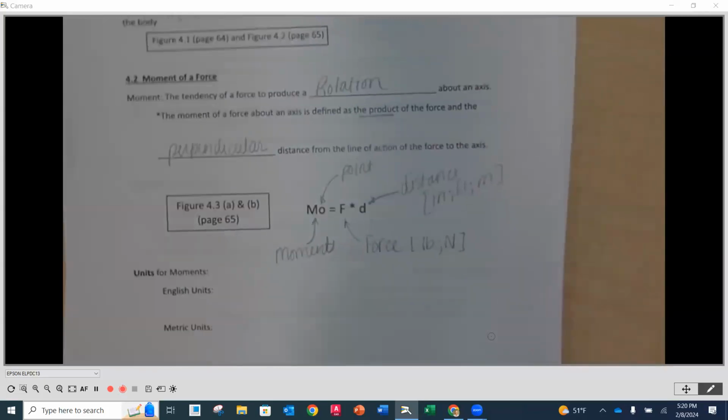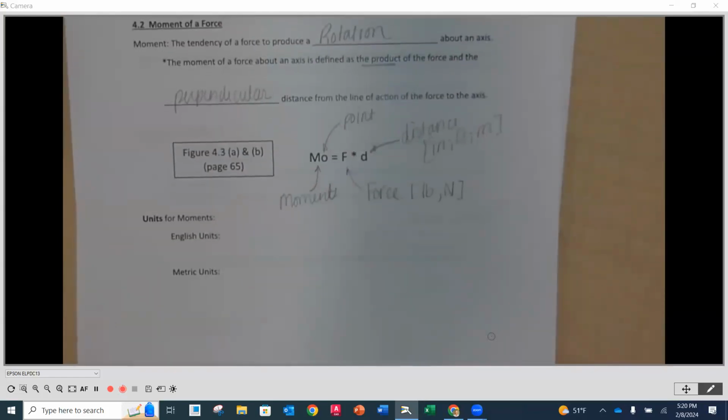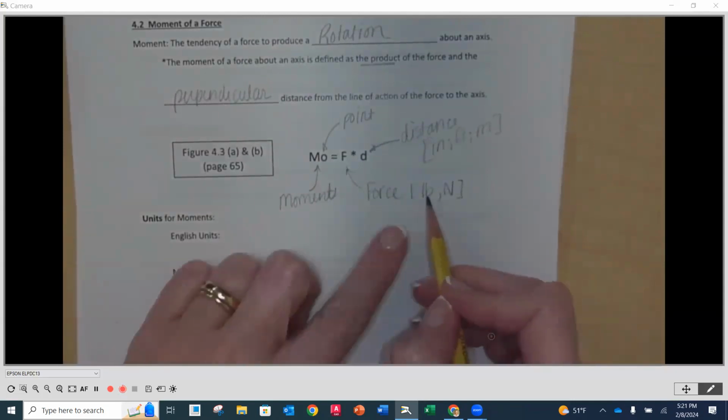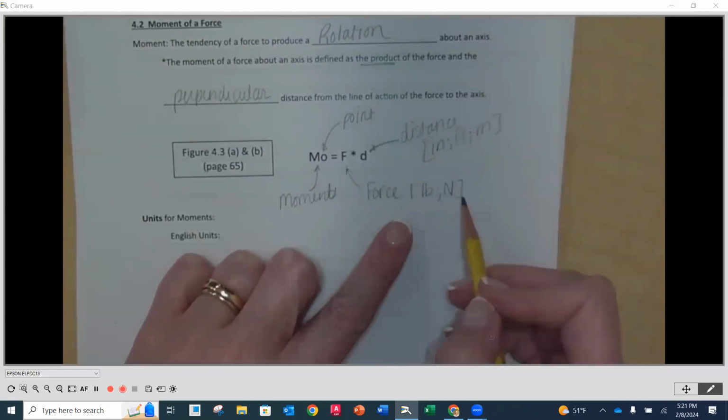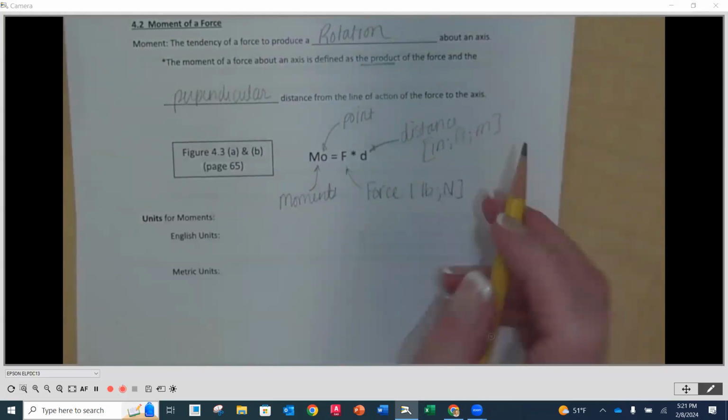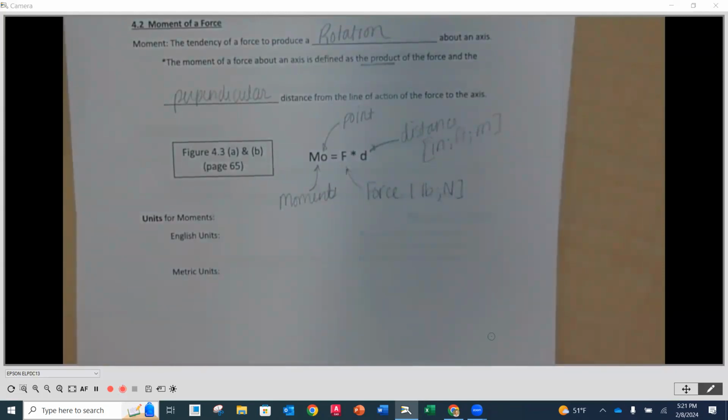So the units for moment, English units for moment: we're taking force and multiplying it by distance. That means our units are going to be force times distance, or pound inches, pound feet, newton meters. Notice what I'm not doing. I'm not saying newtons per meter.